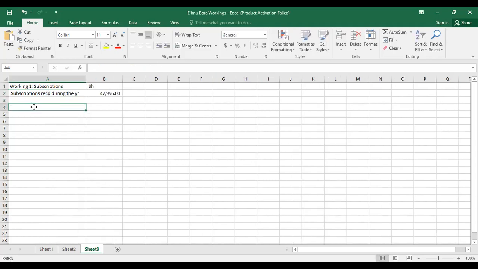Then from there, I have now the outstanding. So I'm going to add the outstanding. The figure for the outstanding as at 31st December 2020 is 280. Confirm that.